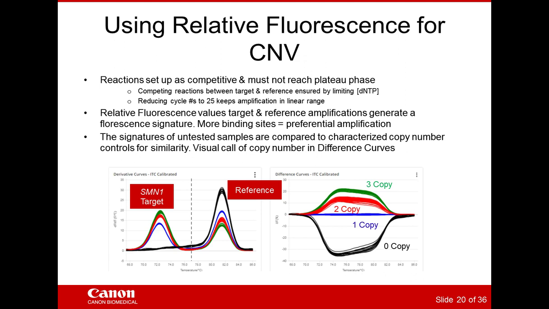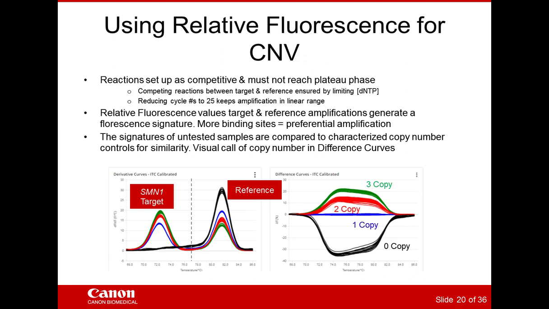Inversely, the green sample set, you see has the highest fluorescence for the target and the least fluorescence in the reference gene, because the target has more primer binding sites than what we see in the reference. So in this case, we have 3 copies of SMN1 in the green cluster, and due to the fact that the reference is a housekeeping gene of known 2 copies, it only has 2 copies available for amplification for the reference gene.